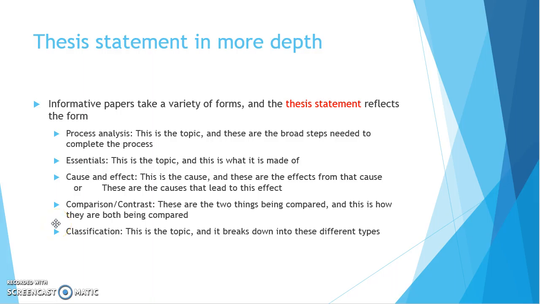If your thesis statement is this is the topic and here's how I'm going to talk about the topic, in a process analysis, then your thesis says this is the topic and these are the broad steps needed to complete that process. An essentials thesis statement is going to say this is the topic and this is what it's made of, because an essentials essay is about the what is. So what is patriotism? What is love?